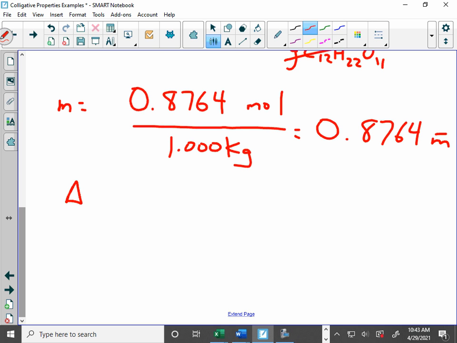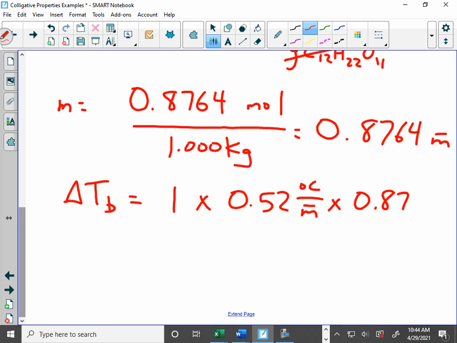My delta T of the boiling point is equal to my i, which was 1, my boiling point constant was 0.52 degrees Celsius per molal, times my molality, which was 0.8764 molal. When I did that, the molals cancel, so my change in my boiling point is going to be labeled in degrees Celsius.